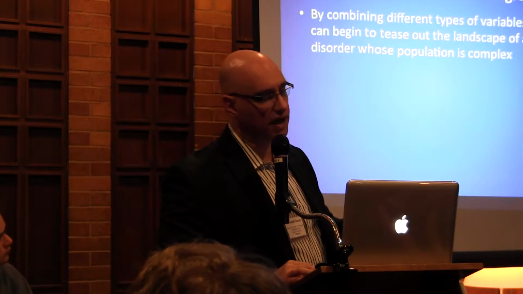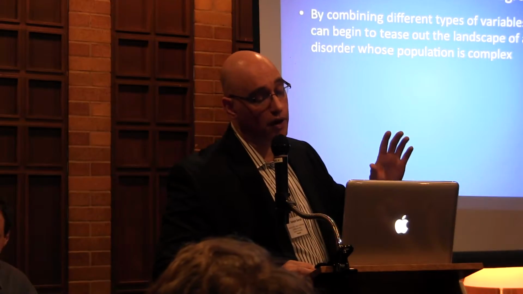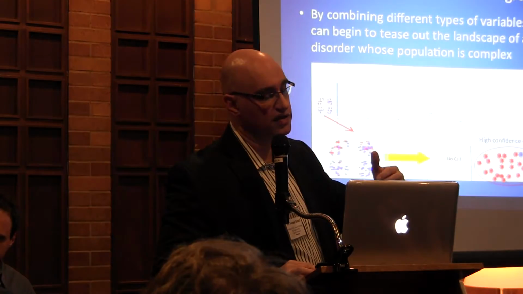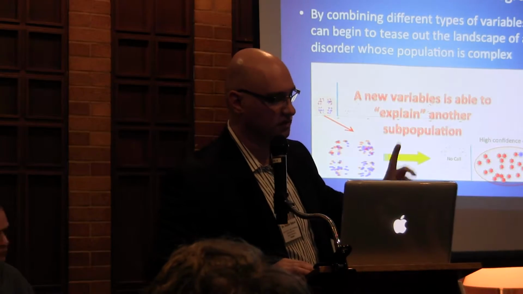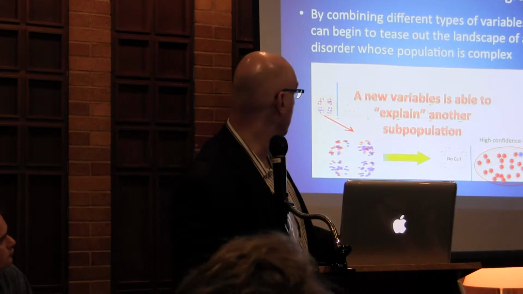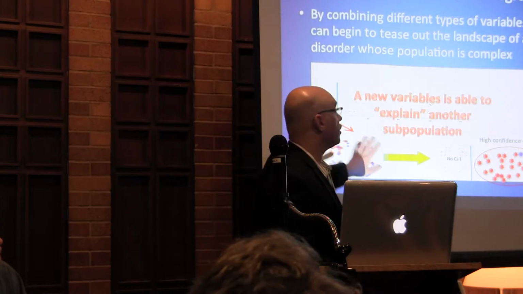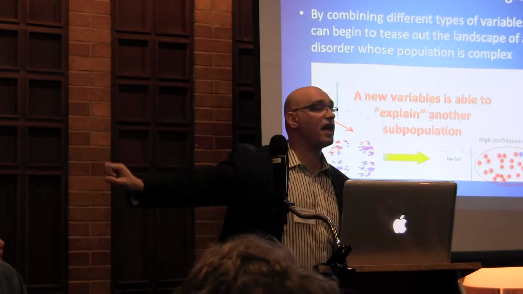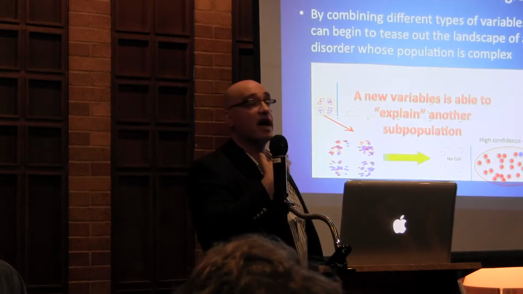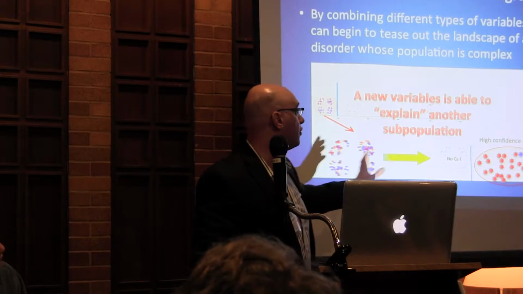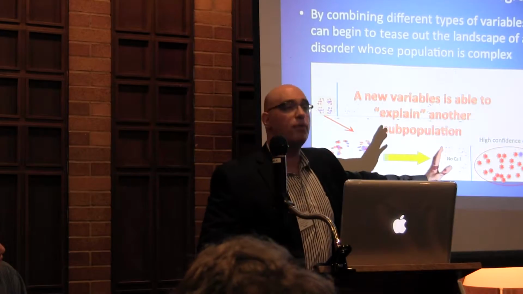Okay, so what you can do now is you can do this repeatedly. You can say, okay, and this is a horrible image, I hate it, but you'll get the point. You do it again. You put in another type of variable. You use some data that Kai picked up from a device. You throw it in, suddenly you can parse out a whole other subpopulation.